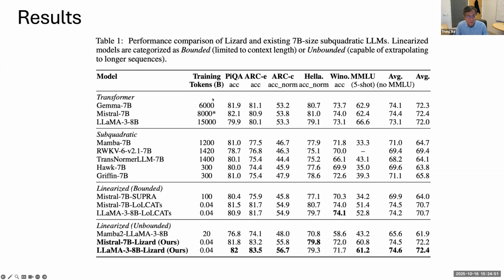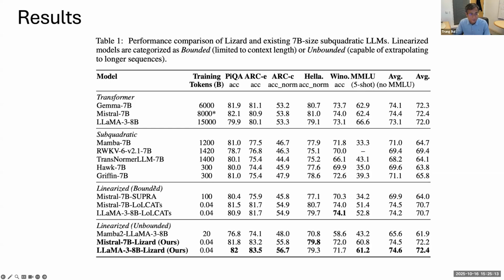Then you can see in the training column that prior work requires a lot of tokens during the distillation, almost from 100 billion to a trillion tokens during the training.